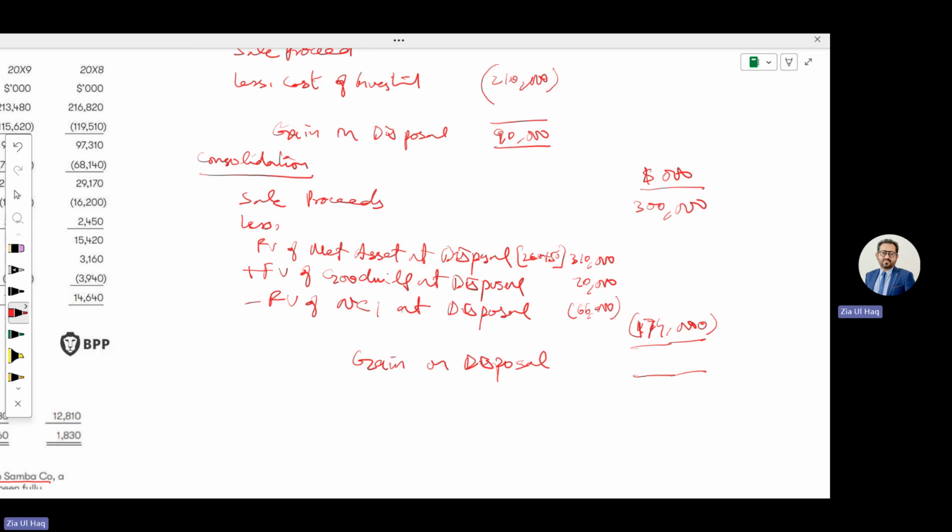Sorry. My calculation is wrong. 310 plus 70 minus 66. So that is 314,000. So there is not a gain, there is loss on disposal of 14,000.